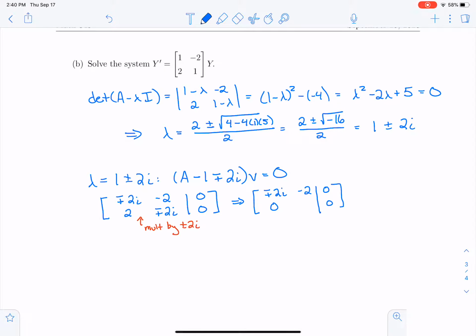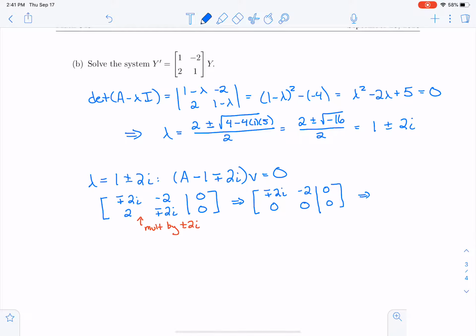And then plus or minus 2i times a negative plus 2i, that'll give me a positive 2. And so I'll add those together and I'll get 0. So essentially, the second row is a multiple of the first row. And so I get a row of zeros.